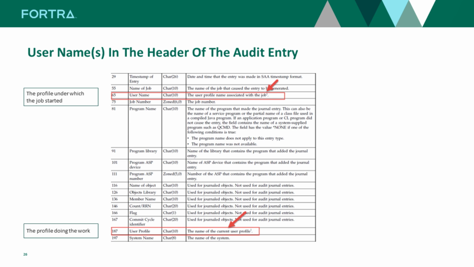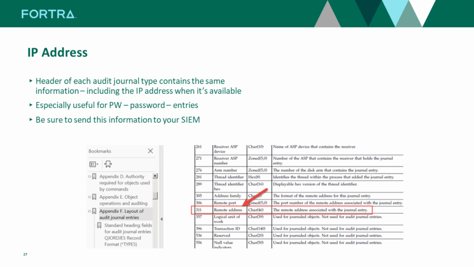You'll see this most often in ODBC connections, the QZDASOINIT jobs, right? QUSER is going to be your user, and then you're going to see the actual user that's doing the work. So it's important to make sure you're looking at the right fields.